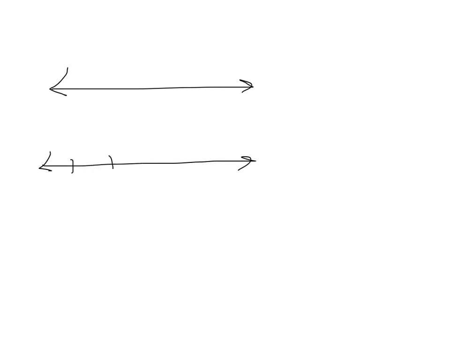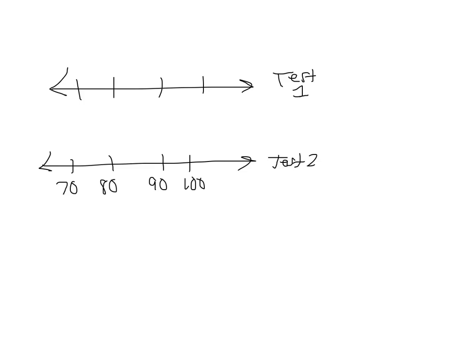And so if we just draw two simple number lines, and on these we have, say, 70, 80, 90, 100, and we'll call these grades for test 1 and grades for test 2.